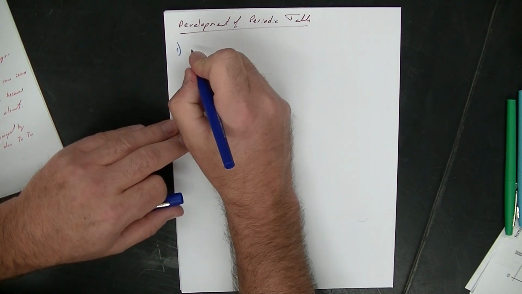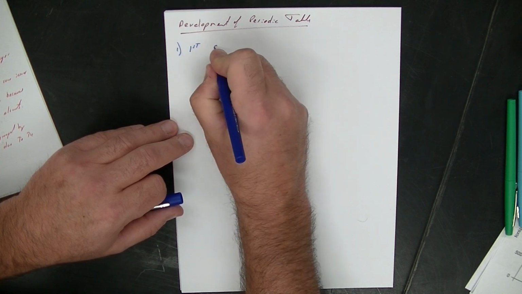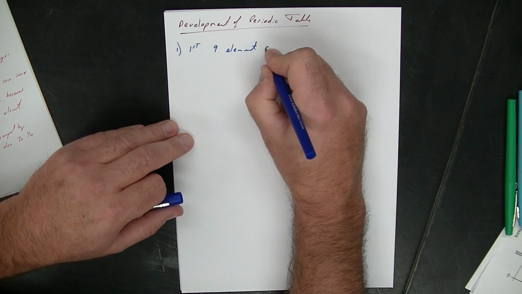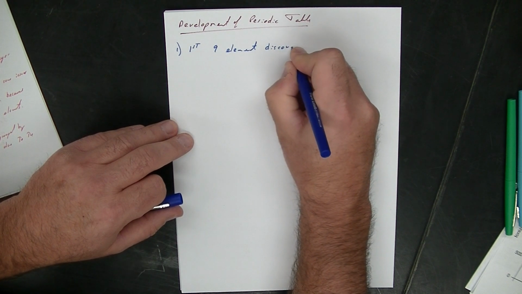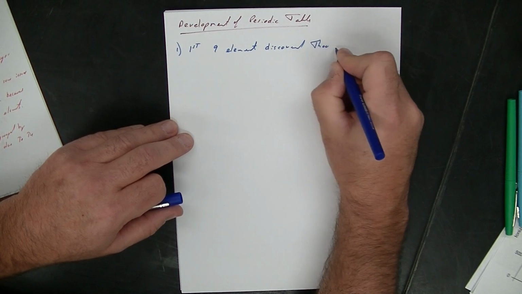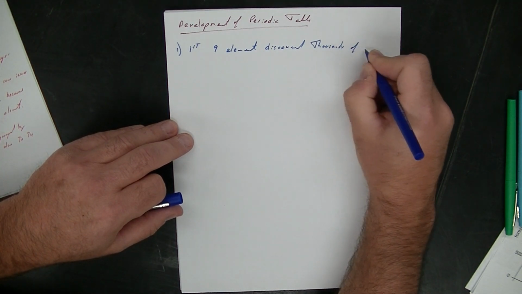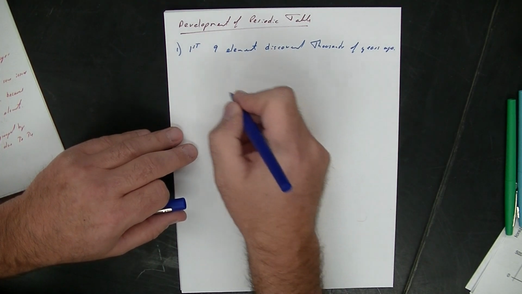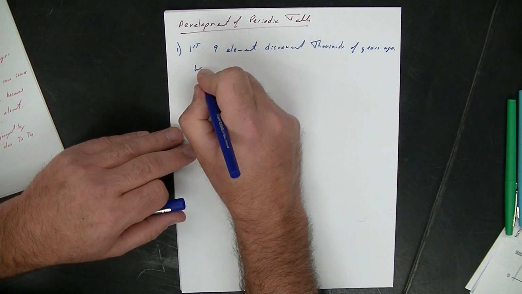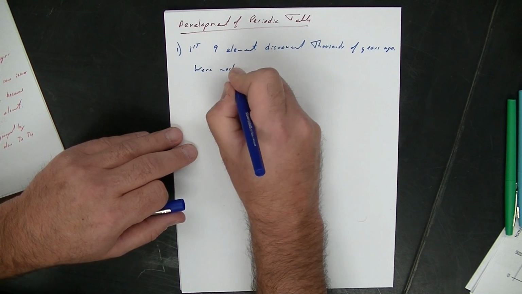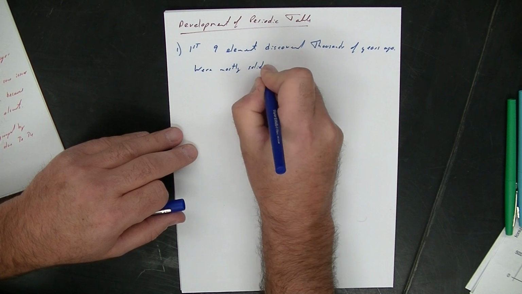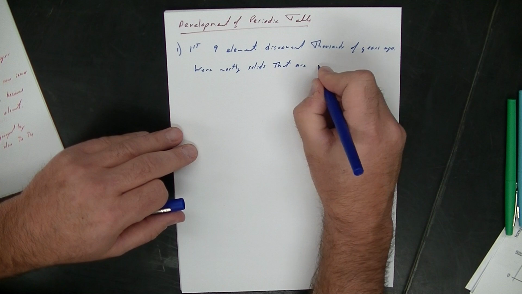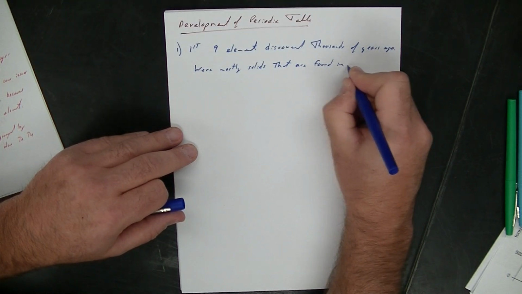So the first 9 elements were discovered thousands of years ago. So these were mostly solids that are found in elemental form.